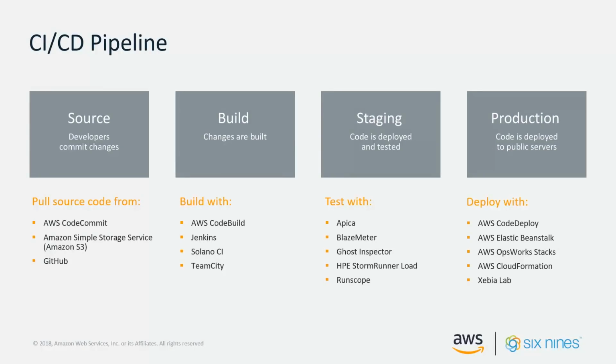There are options to deploy and also provide scaling and automation through Elastic Beanstalk. OpsWorks using the stack capability. This is really close to Chef, and I mentioned CloudFormation. So really, these are all tools that can be used to really modernize the pipeline.